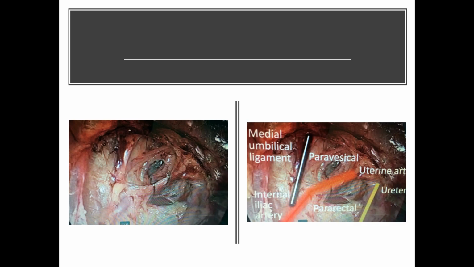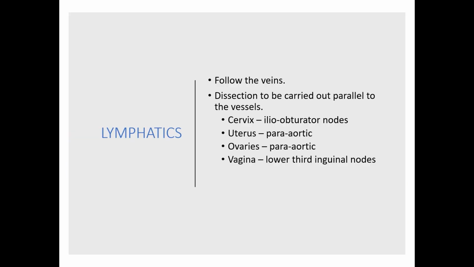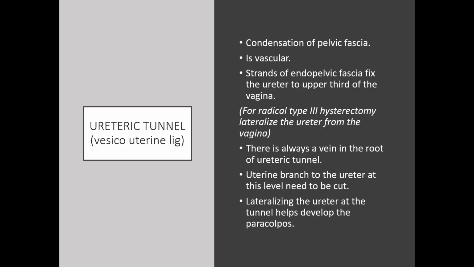So this is how they cross over, for example, but now lymphatics, I mean, these follow the veins. The dissection is usually important for our oncology colleagues. So you have to always understand which nodes are important for which kind of disease. That's not what we are covering today.